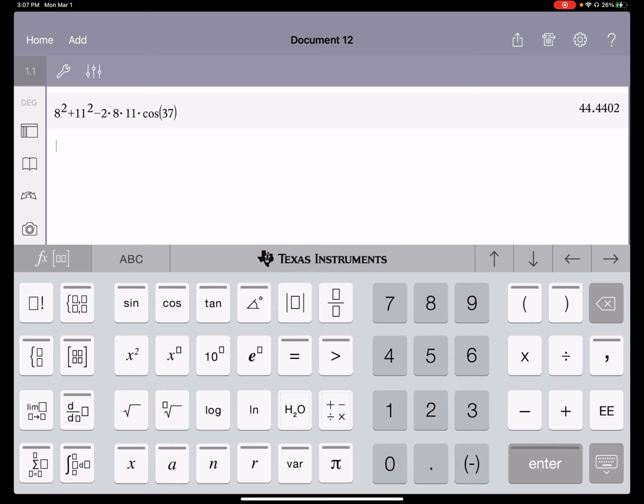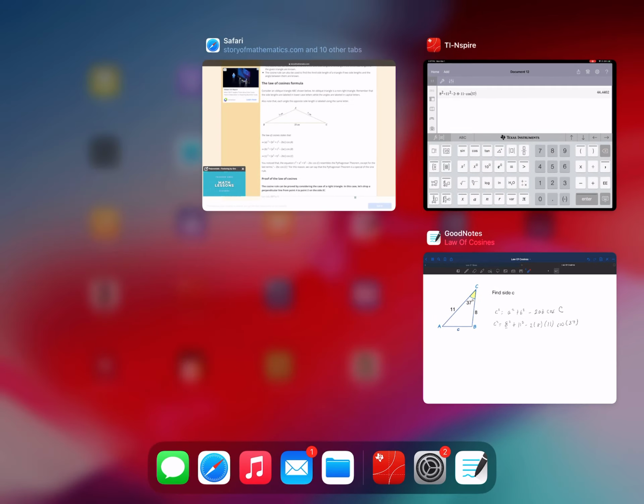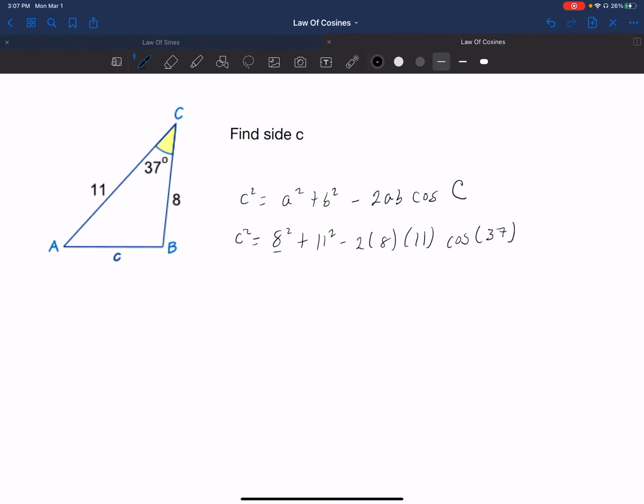Press enter. We get that c squared is around 44.44. Again, all we have to do is take the square root on both sides.